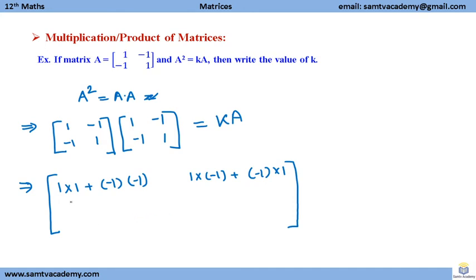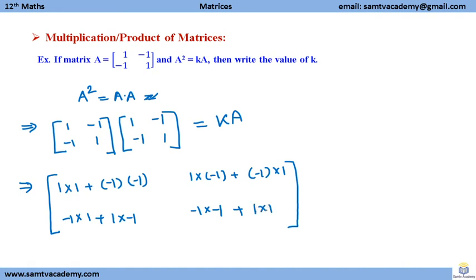Next, this is minus 1 into 1 plus 1 into 1, 1 into minus 1. Here it comes minus 1 into minus 1 plus minus 1 into 1, and minus 1 into 1 and 1 into minus 1, this is minus 1 into minus 1, this is 1 into 1.